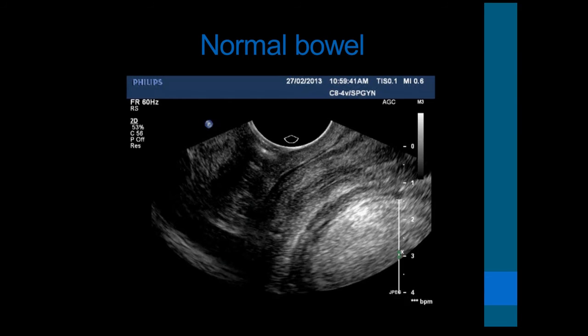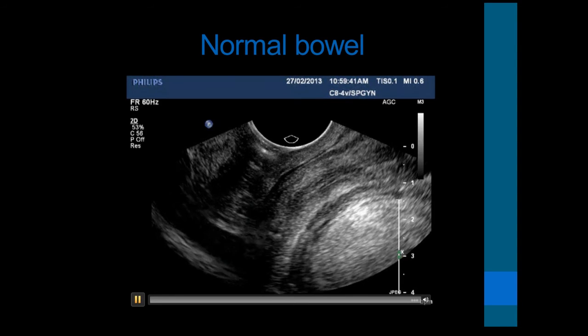So if you start this clip, the probe is at the entrance of the vagina, just here angling backwards, and we start identifying the initial part of the bowel. This is the muscularis layer. So when we start this clip, we push the probe further into the vagina and keep our eye on the muscularis layer.